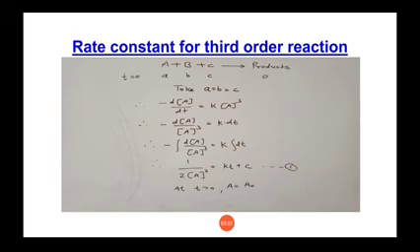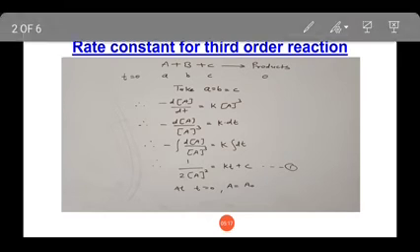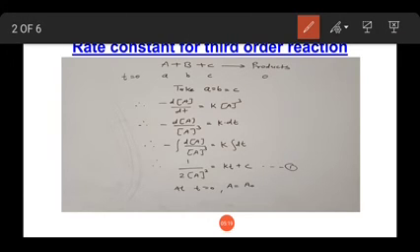Now we know that, what is the integration of 1 upon A cube? You must know that. I will show you what is the integration of A raised to minus 3.